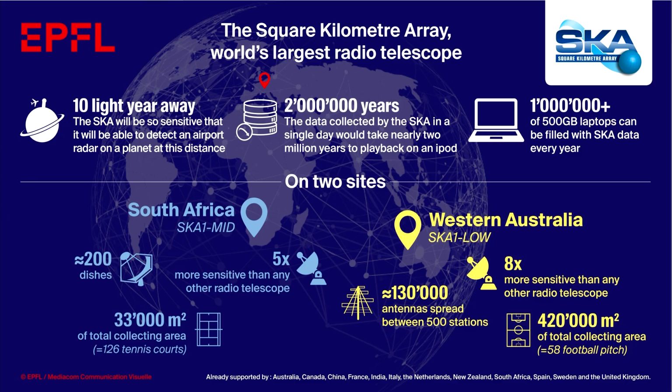I saw this line from the University of Lausanne in Switzerland, EPFL. Just to give you some numbers, there are a lot of zeros for each of these numbers. There are two sites, one in South Africa, one in Australia, where basically there are antennas.